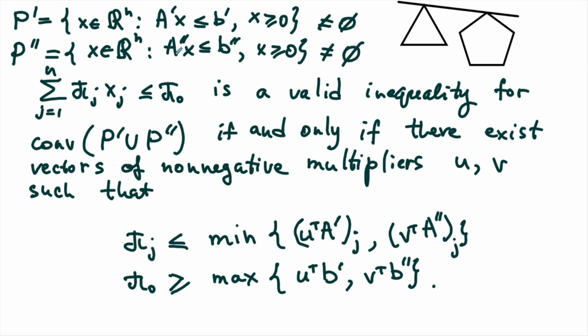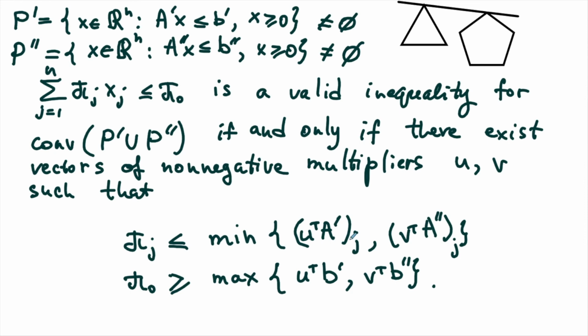And similarly for the second system we'll have the multipliers vi's. The number of multipliers can be different, so generally these systems can have a different number of inequalities, but in the end, when we multiply, what we'll have is a vector of length exactly equal to n, the number of variables that we have.